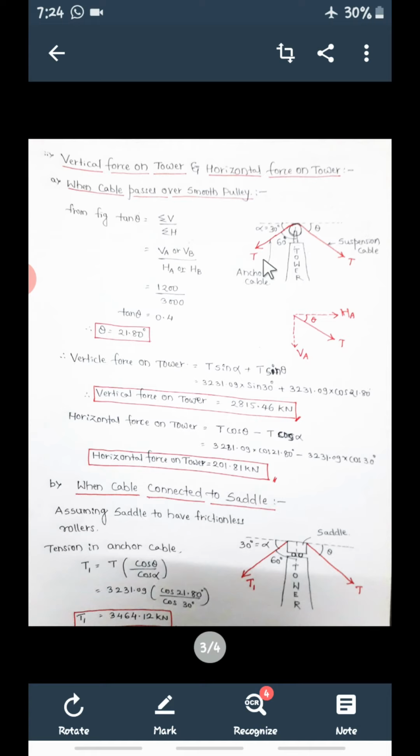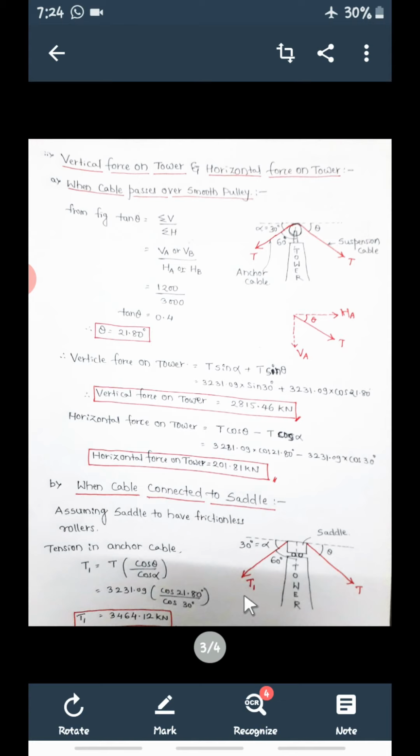But here there is no such pulley, so the tension force in the suspension cable is different from the tension force in the anchor cable. That's why I have written T1.